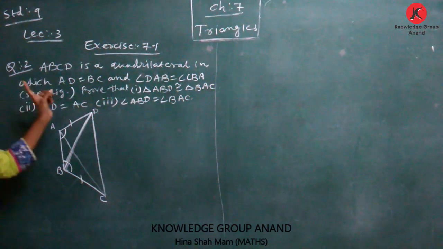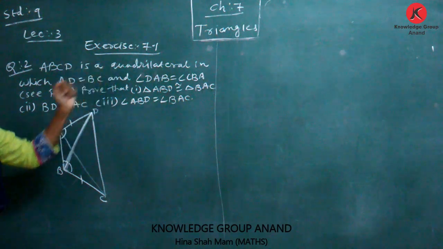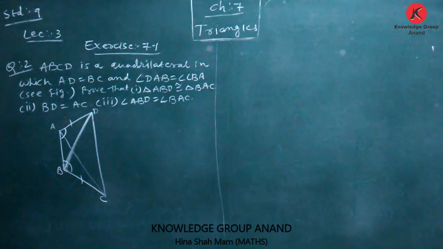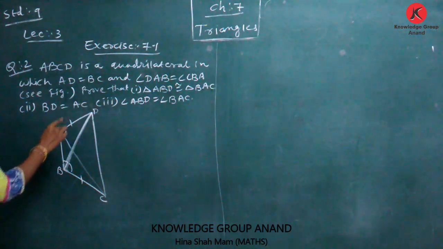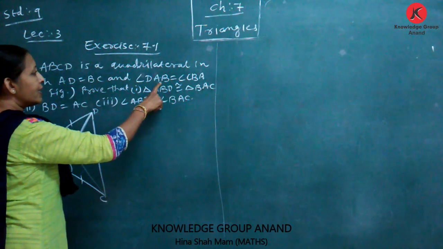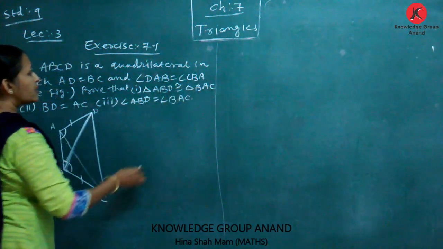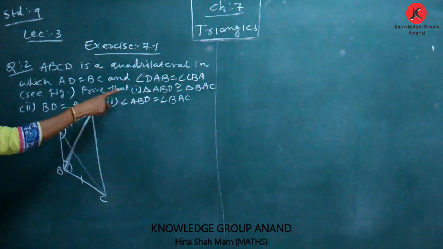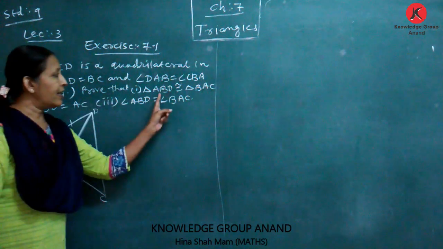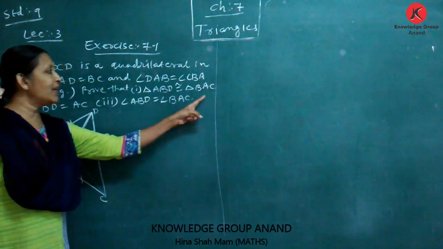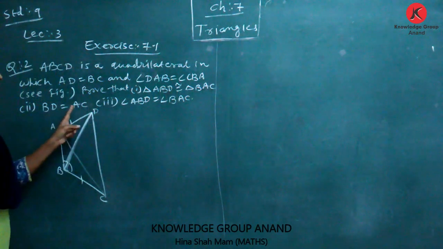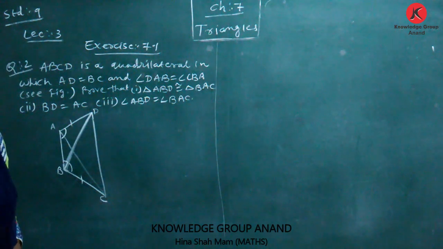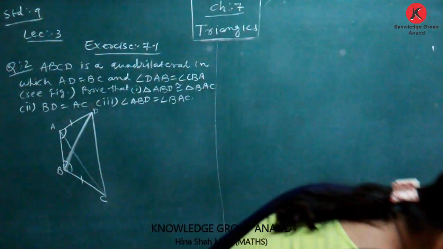Now question number 2 of exercise 7.1. ABCD is a quadrilateral in which AD is equal to BC and angle DAB equals angle CBA. See this figure? Prove that: number 1, triangle ABD is congruent to triangle BAC; number 2, BD is equal to AC; and number 3, angle ABD is equal to angle BAC.